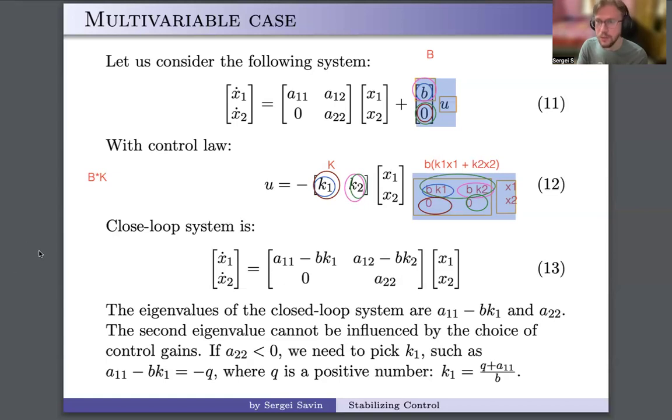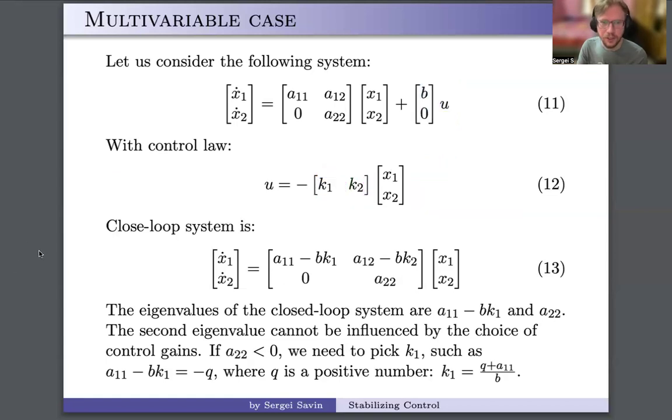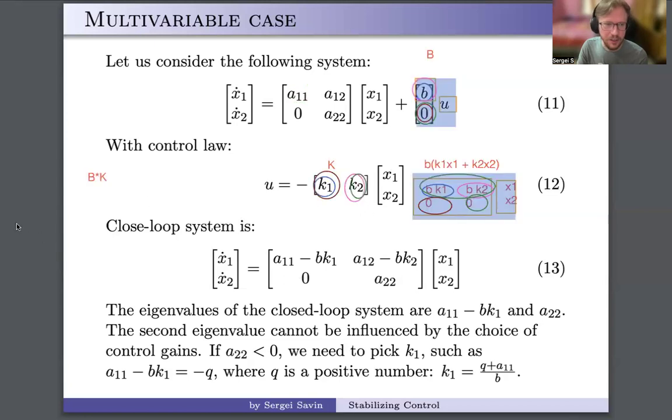Okay, good. So the result would be this guy. A11 from here minus BK1, right? This from here. Minus is this minus, right?